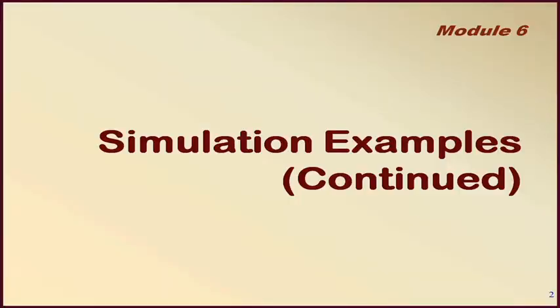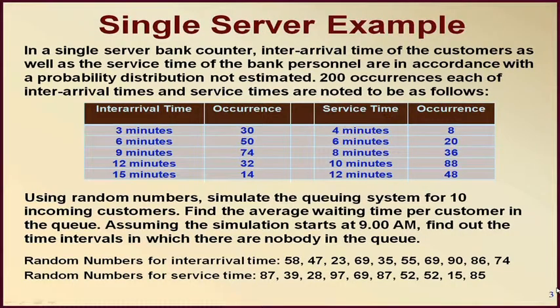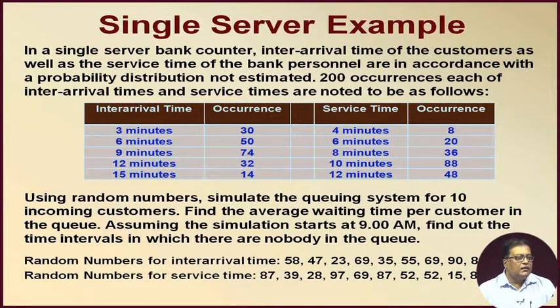So, first let us take this example of a single server queuing system. Let us say there is a bank counter, and people are arriving, and some service is going on. We have found the frequency distribution of the different arrival and service times.